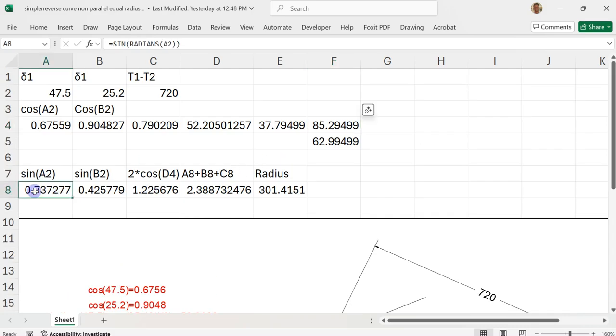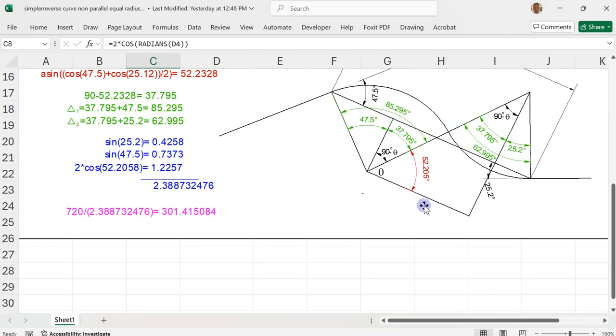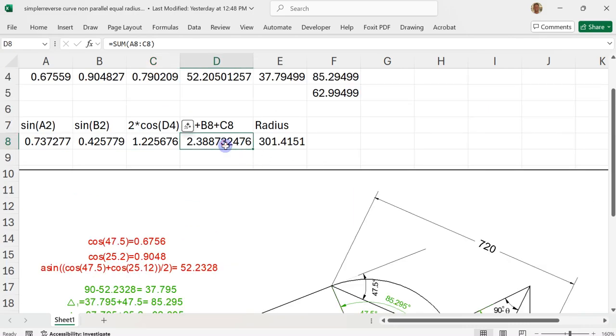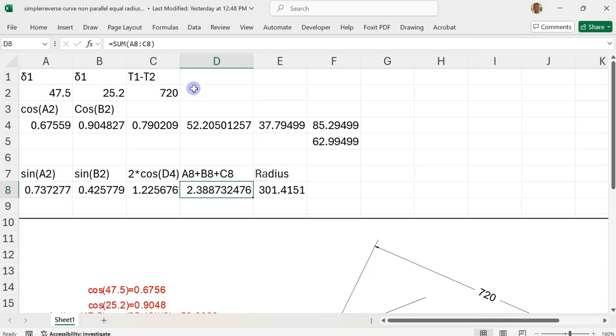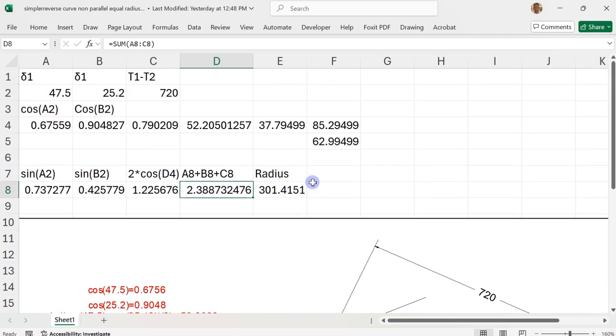And then here's how you get the sine of A2. This is just the same angle as getting the sine, and cosine, doubling the cosine right there for this distance here. And then you get the ratio, and then you divide the ratio. You divide this diagonal, that total length of the diagonal, by that ratio, and you'll get your radius.